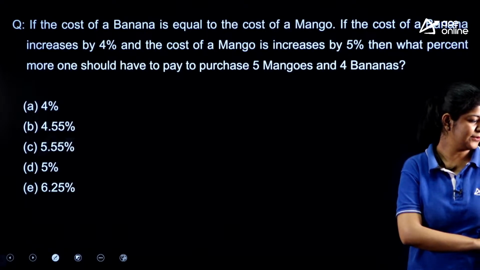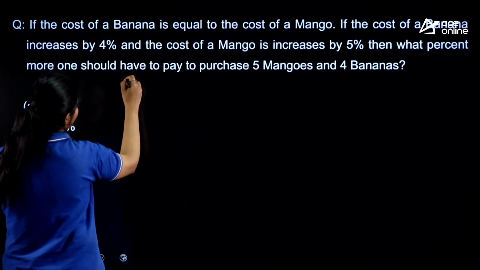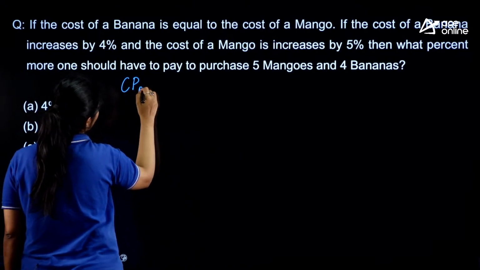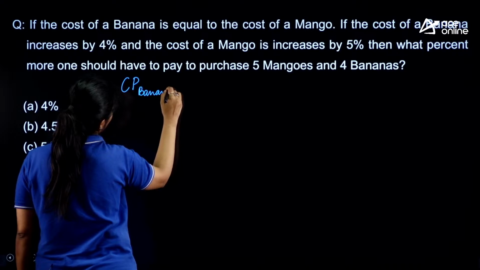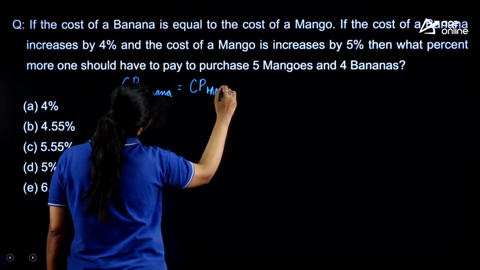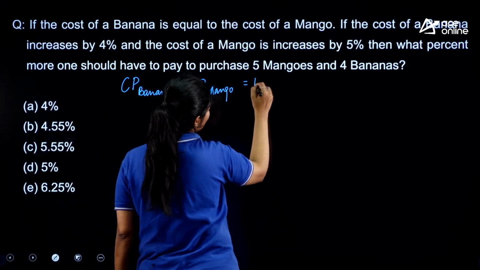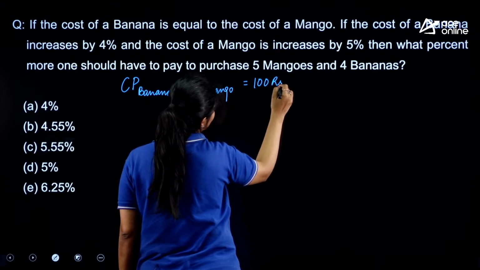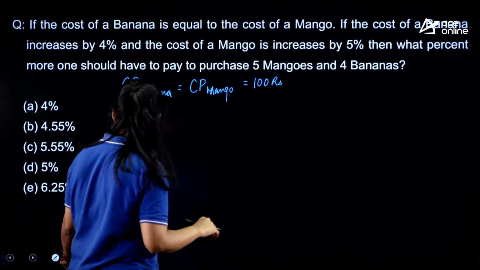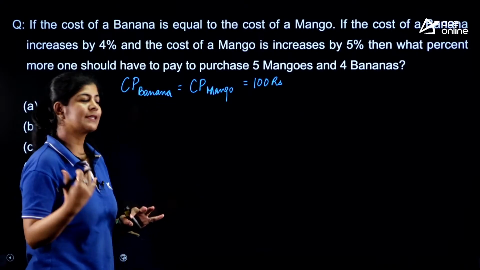Okay, let's see. Initially, I am assuming the cost price of banana is equal to the cost price of mango, right? And I am just assuming that the cost price of both of them is 100 rupees. Now the question is saying that because of something the cost prices are increased.